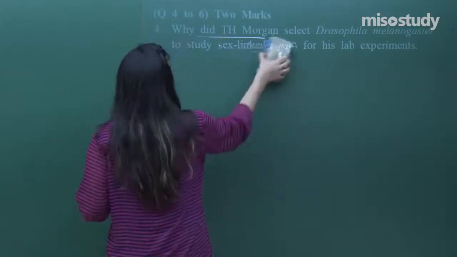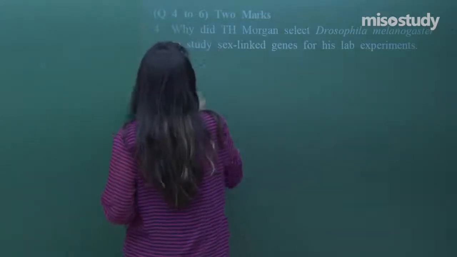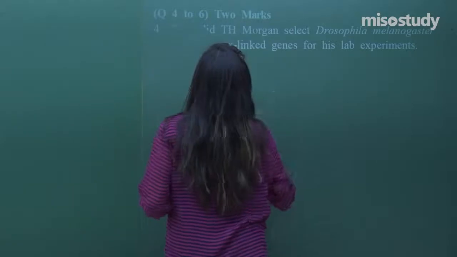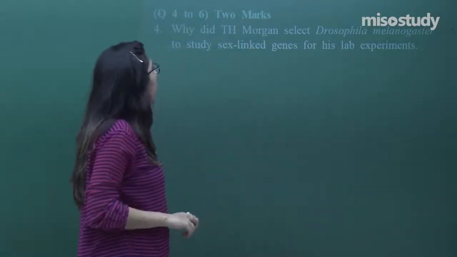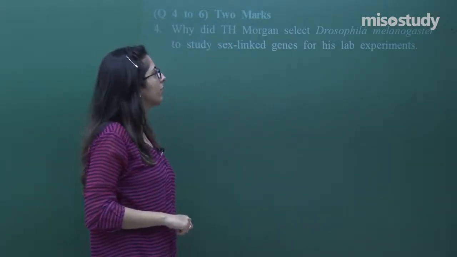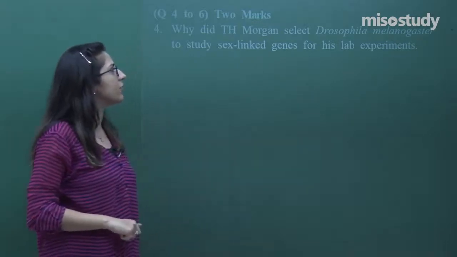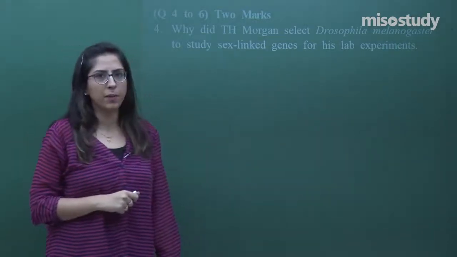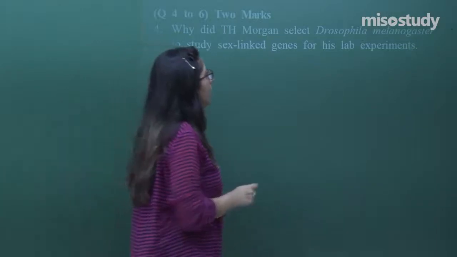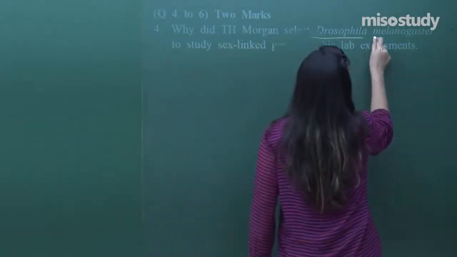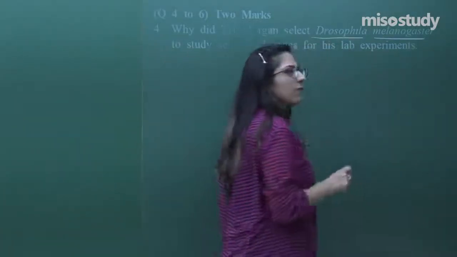This is a 2 marks question. Next category. Why did T.H. Morgan select Drosophila melanogaster to study sex-linked genes with his lab experiment? Now, Drosophila melanogaster. What is the common name of Drosophila melanogaster?